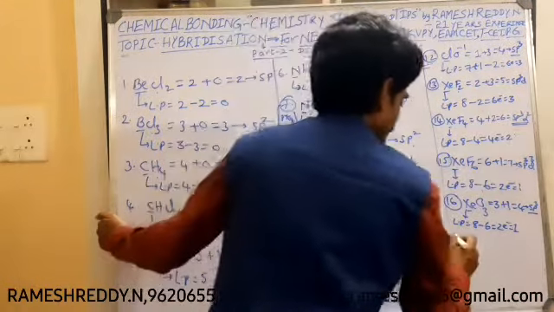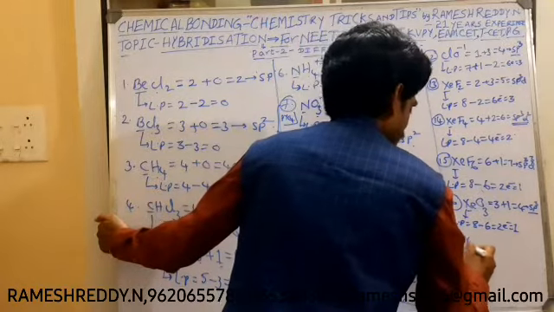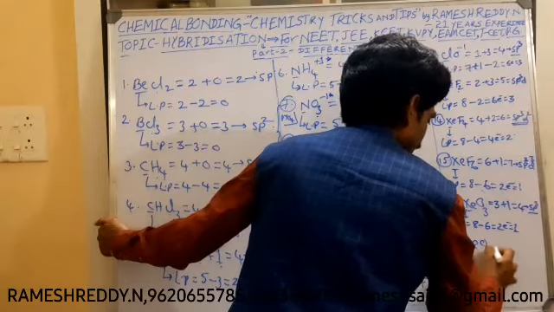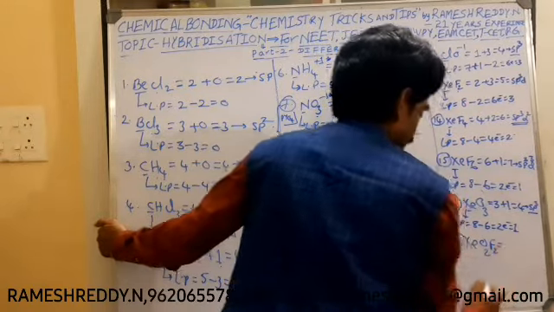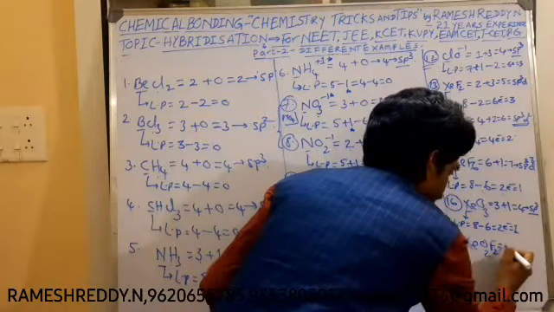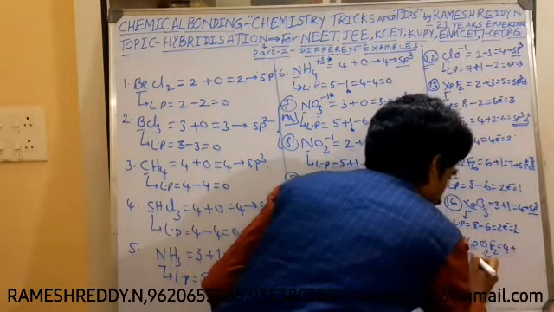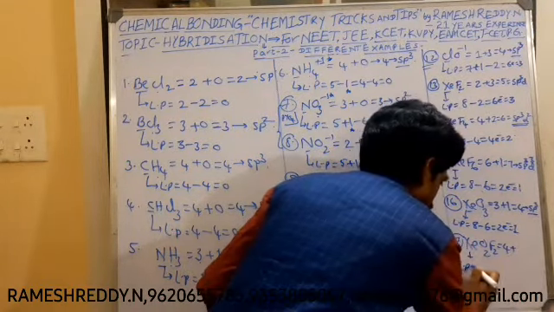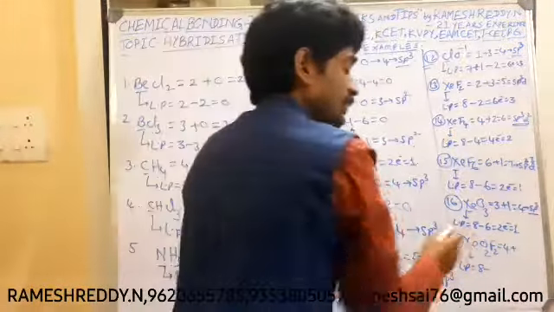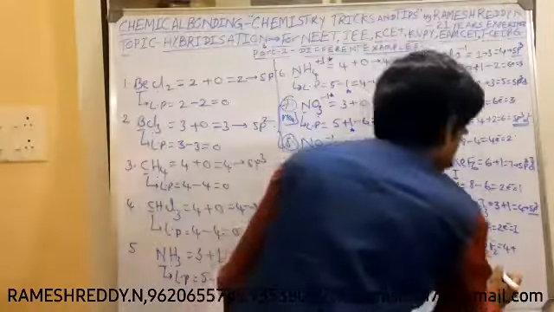Right. Next one, XeO2F2, xenon dioxide difluoride. Here the central atom is xenon, with 2 oxygens and 2 fluorines, so 4 bonded atoms. How many lone pairs does xenon have? 8 electrons, and for each oxygen atom 2 electrons, so 2 oxygens is 4.